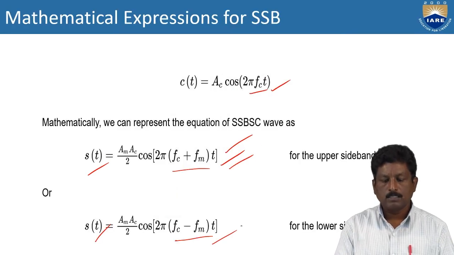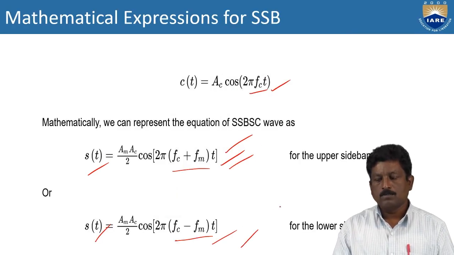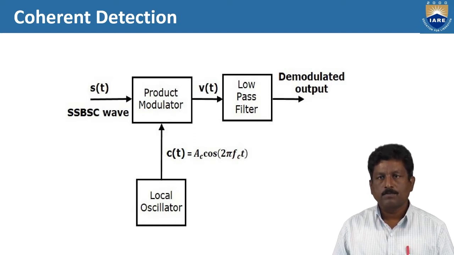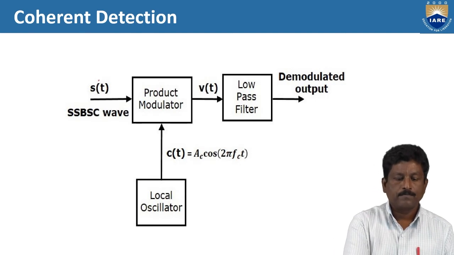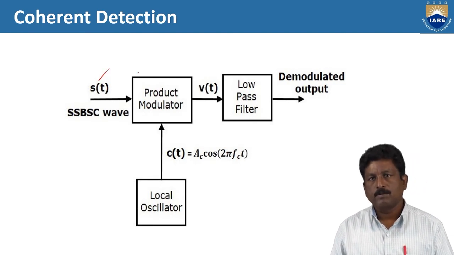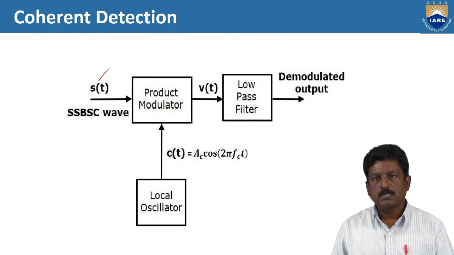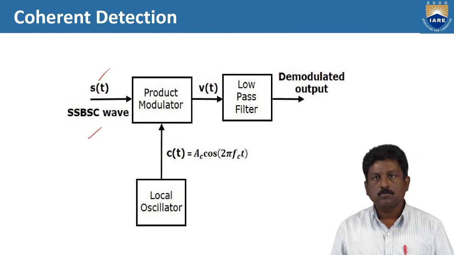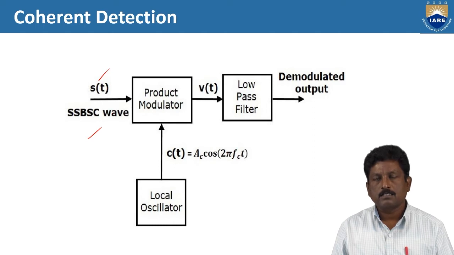You can receive any one of the sidebands, depending upon the application or requirement. If you transmit the upper sideband, you receive the upper sideband wave S of t here. If you transmit the lower sideband, you receive the lower sideband at the input of the coherent detector. So this is the coherent detection for the SSB modulated wave.